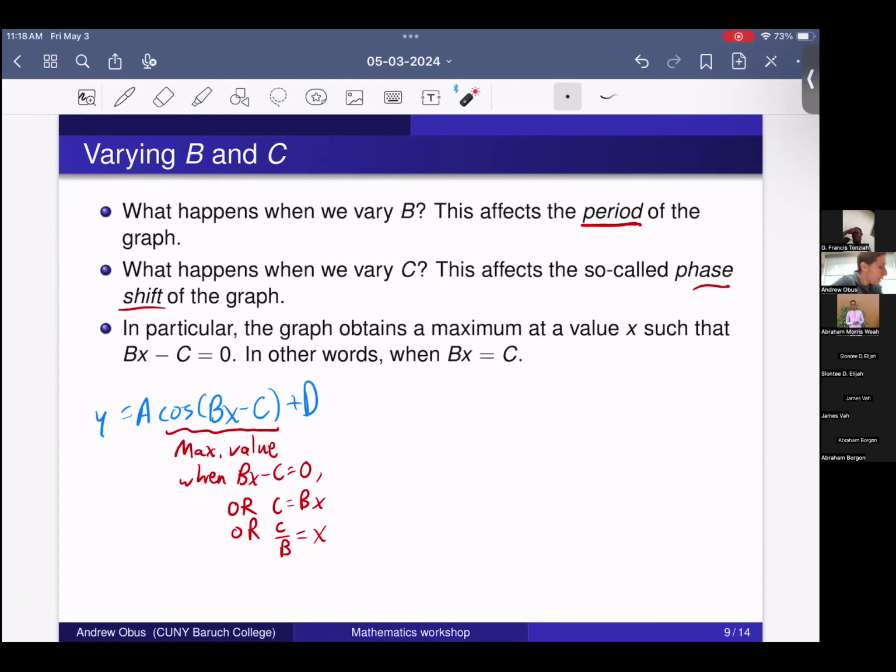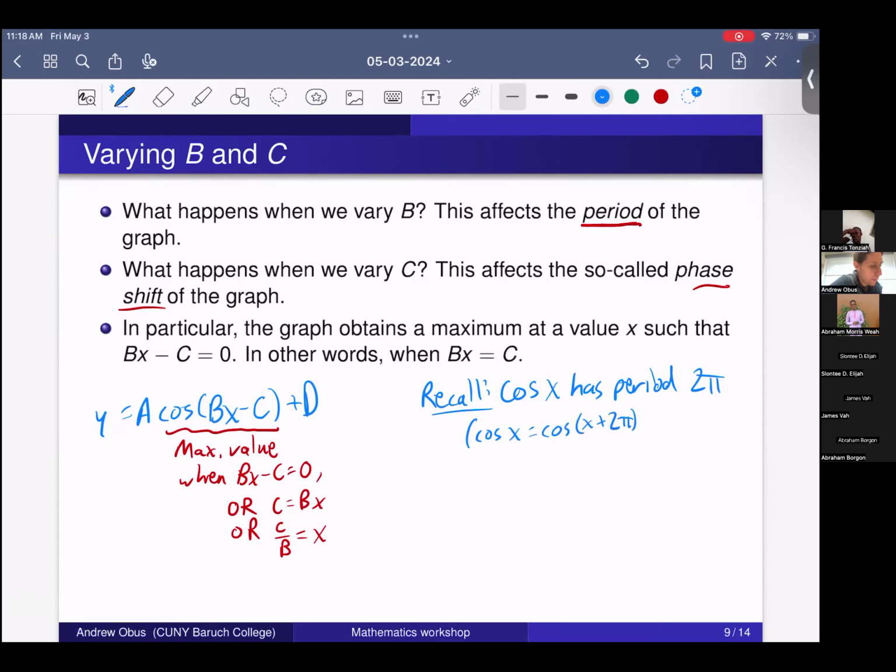And then for b, we can figure out the period of the graph. Let's recall that cosine of x has period 2 pi. What that means is that cosine of x is equal to cosine of x plus 2 pi. Whenever you add 2 pi, the function just repeats itself.